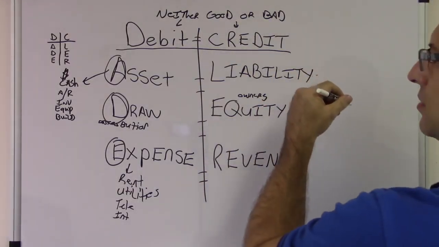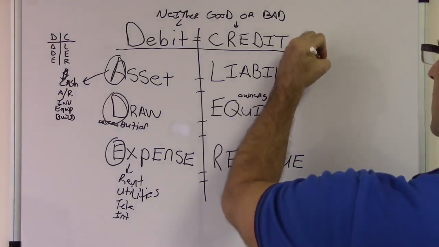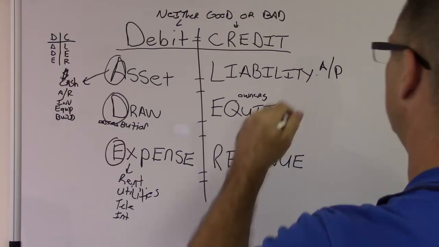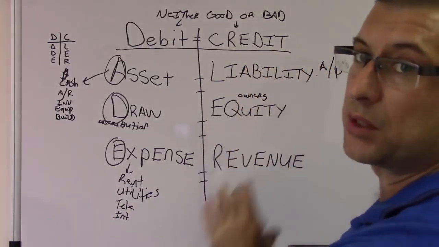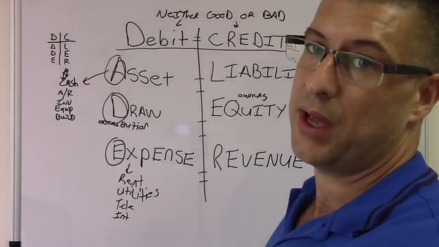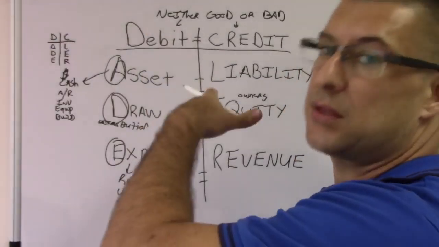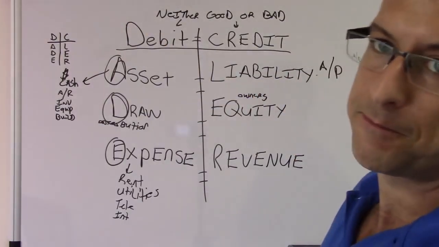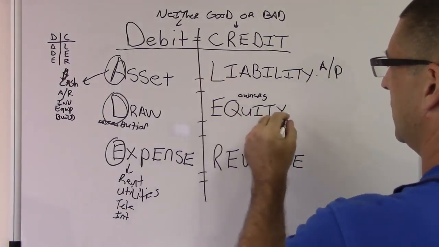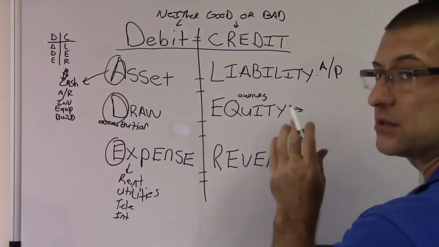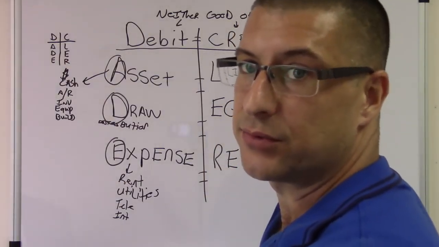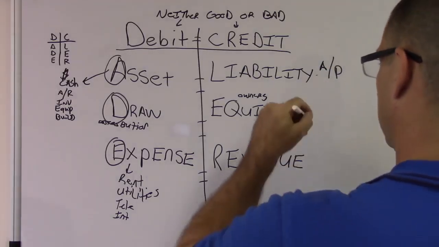Liabilities. These are going to be accounts payable. What do you owe somebody? Wages payable. Now almost every liability is a payable except earned revenue. So if you see a payable, it's a liability. So the owner's equity, you're not really going to mess with that too much. It's mostly retained earnings.